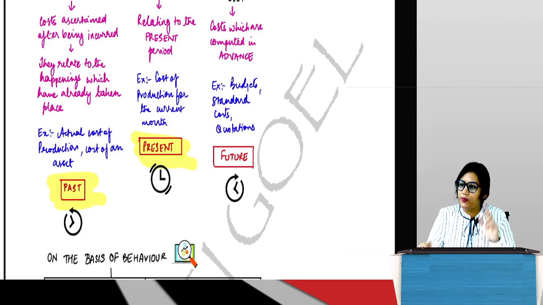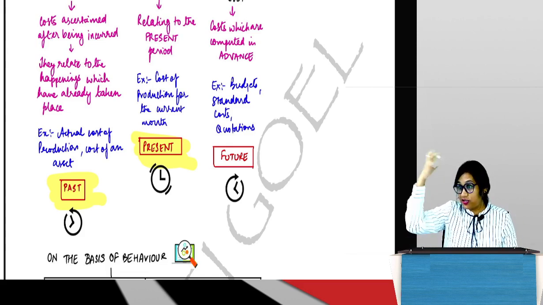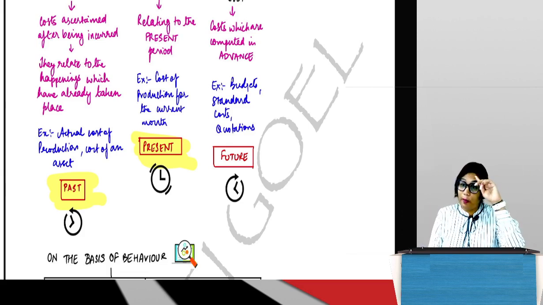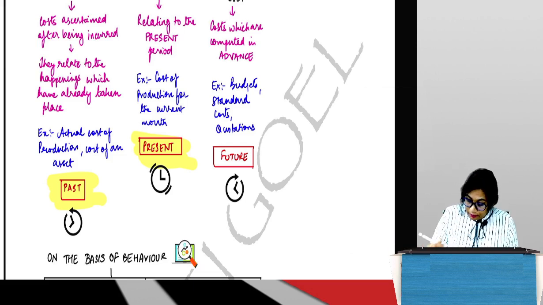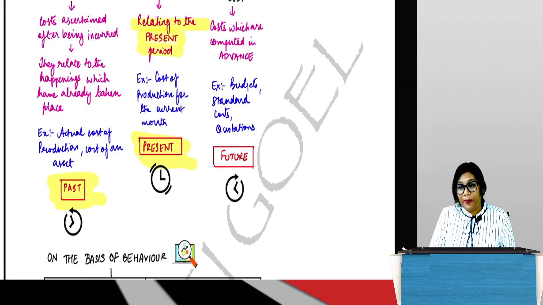Why do we need to know this? Because in the problems they'll say historical cost was this. So it should suddenly come to you: okay, they're talking about the past cost. Or the current cost is this. The current cost they have calculated for this current period to be this. That's it. Nothing else. So current cost is the cost relating to the present period.